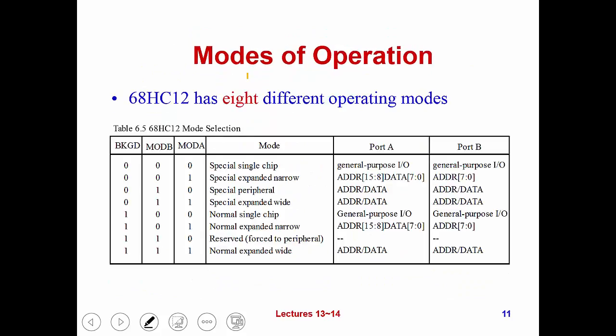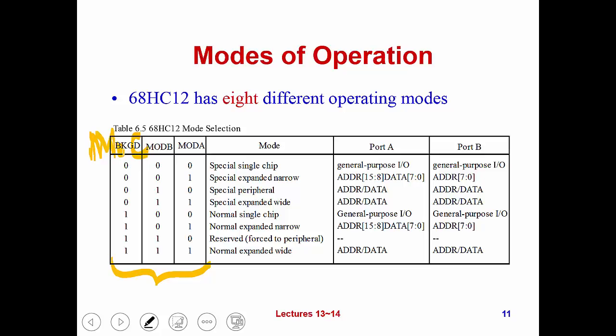This table shows what mode we have depending on the value of the 3 pins: the background pin, mode A and mode B. In the new edition we changed the background pin to mode C. We don't call it background anymore, we simply call it mode C.